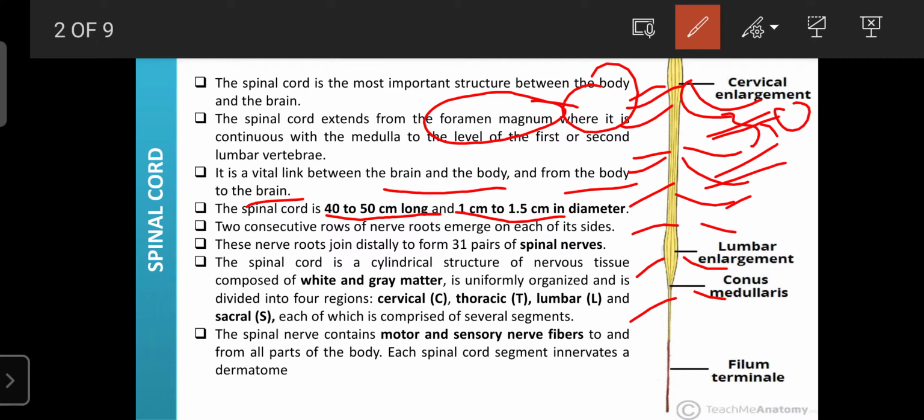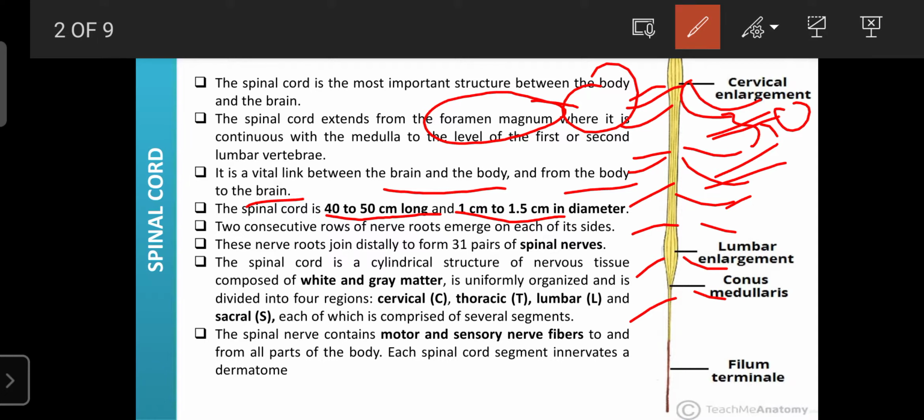The spinal cord is mainly divided into four regions, that is the cervical spinal cord region, thoracic spinal cord region, lumbar region, as well as the sacral region. The region is named according to the name of the vertebral column where that spinal cord is present.